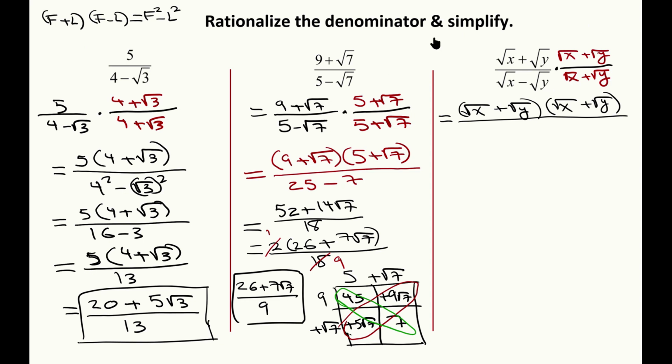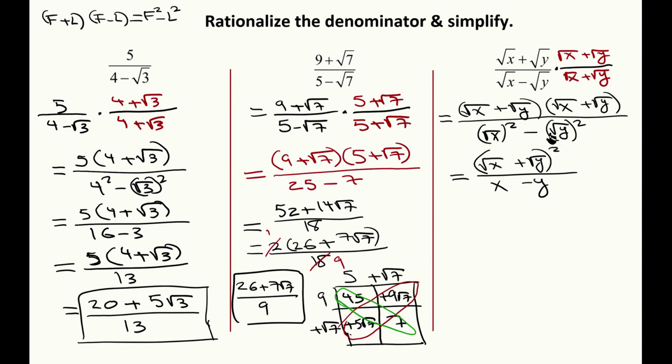So we get the square root of x squared minus the square root of y squared. Now on the top, we notice that's the square root of x plus the square root of y, squared. Downstairs we have x minus y, because the square root of x squared is just x, the square root of y squared is just y.